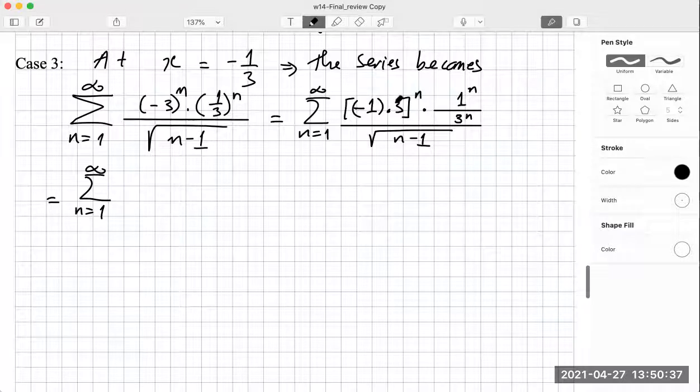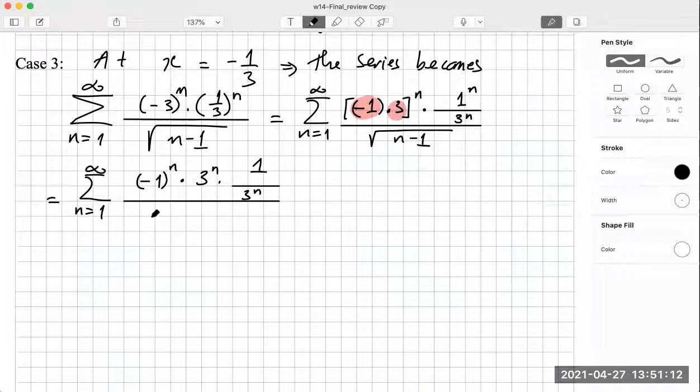For those who don't remember power rules now, you can see it's not very difficult. The product of two things raised to the n will be each of them raised to the n, which means we have -1 to the n times 3 to the n here. Then times 1 to the n, which is simply 1, divided by 3 to the n, and they are all divided by square root of n minus 1.